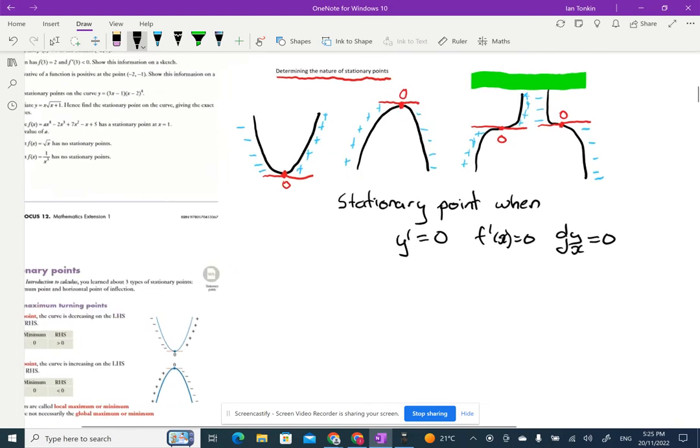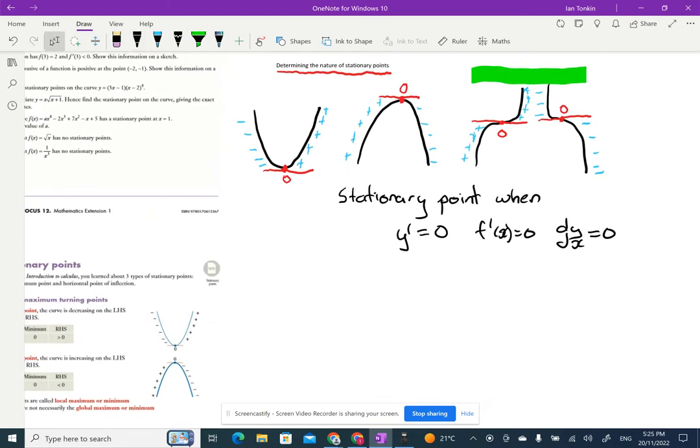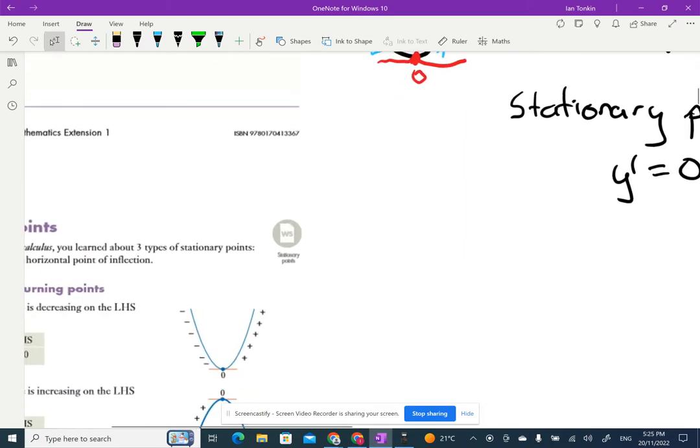Now, there are two types of tests we can do to find the nature of the stationary point. We can do the first derivative test.